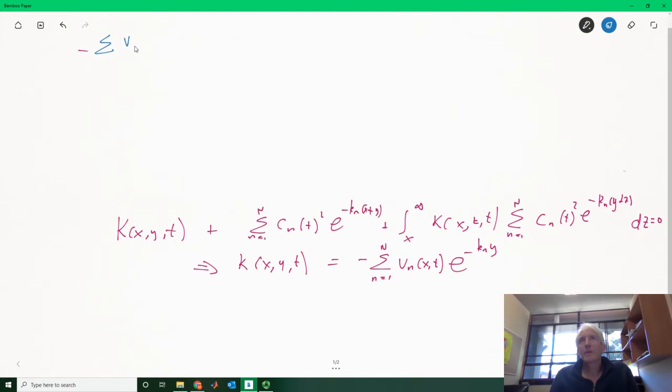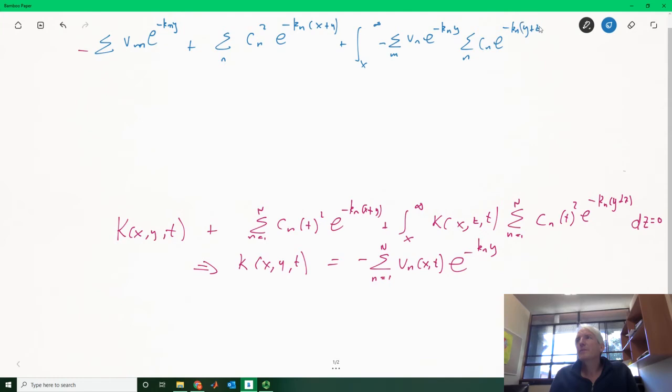I'm not going to write the sum out, just trying to keep it a little bit simple, of b_n e to the minus k_n y, plus, and we're going to write this as m so we don't muddle the sums up, the sum over n of c_n squared e to the minus k_n (x plus y), plus the integral from x to infinity of the sum over m of b_m e to the minus k_m z, times the sum over n of c_n e to the minus k_n (y plus z) dz, equals 0.